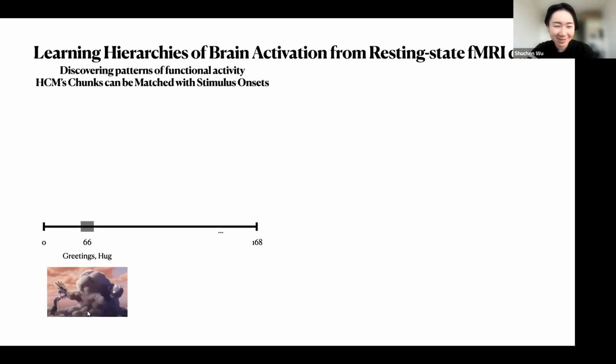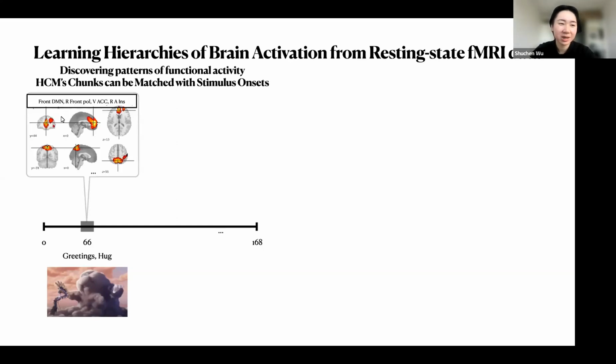So the original study was looking at whether there are theory of mind brain circuits in relation to this movie. But what we can do is, when this greeting and hug happens, we can look at the chunks of brain regions that activate together after this thing onsets.